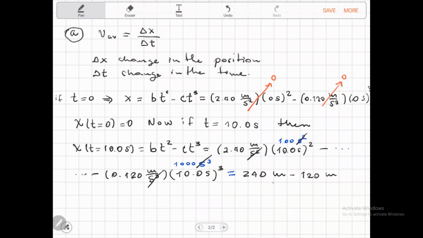So we do the math: 240 minus 120 meters. So this is the position when the time is equal to 10 seconds.